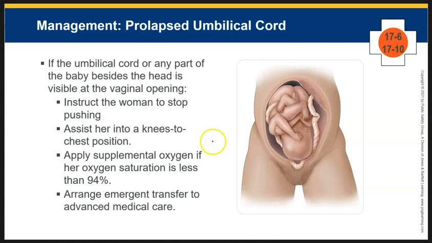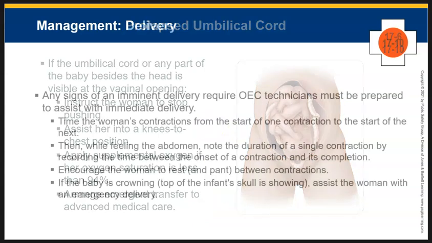In the emergent case of a prolapsed umbilical cord, that is, the umbilical cord is actually visible at the vaginal opening in front of the fetus's head, we need to instruct the woman to stop pushing and transfer her to higher care and provide her with supplemental oxygen, because we can actually have compression of the umbilical cord, and that's potentially dangerous for the fetus.